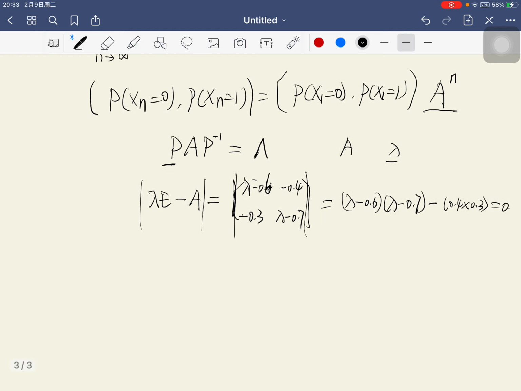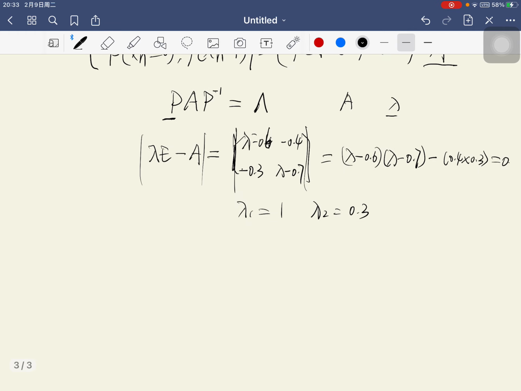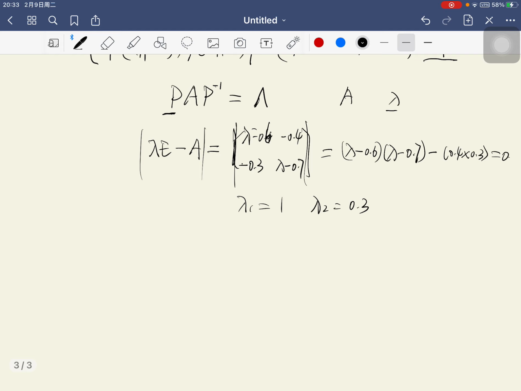So we could get the eigenvalues lambda 1 equals 1 and lambda 2 equals 0.3.